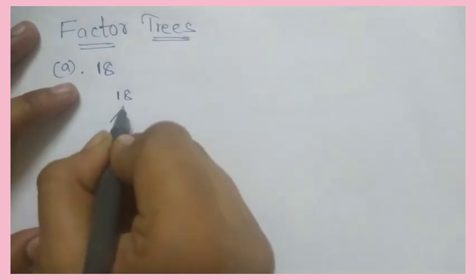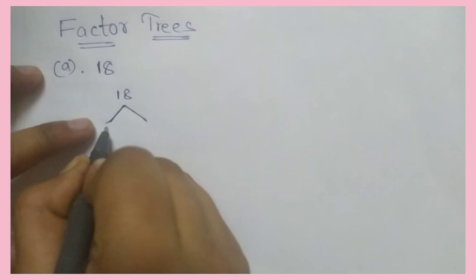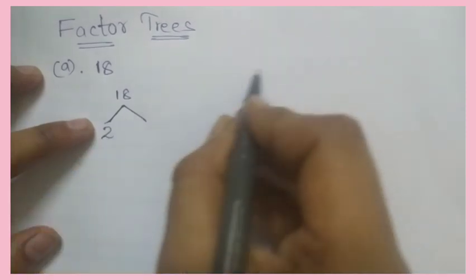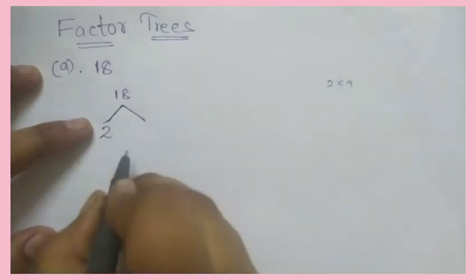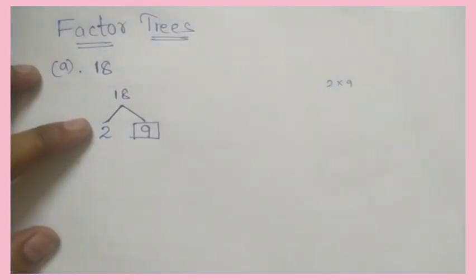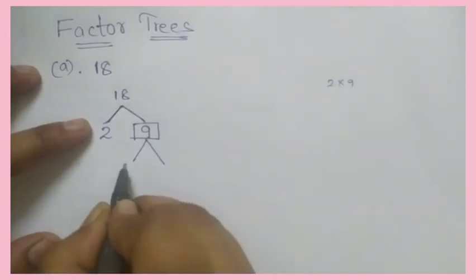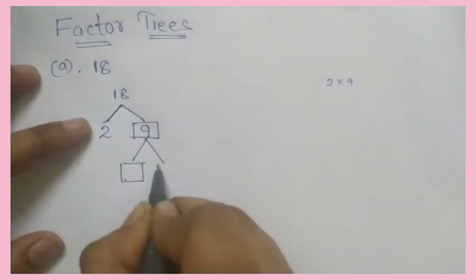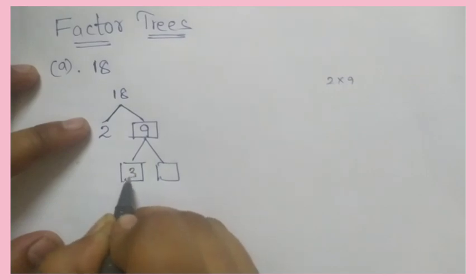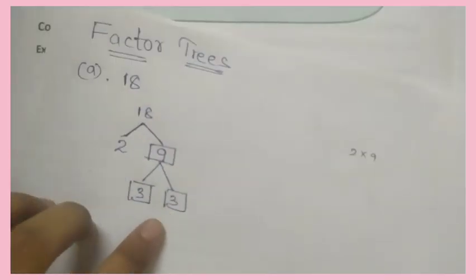First we will write 18 like this and we will split it into 2 parts. In the 2 table when we get 18, yes, 2 9s are 18. So we will write 9 here. For 9 we can split again into 2 parts. That is 3 3s are 9. For 3 we can split again?